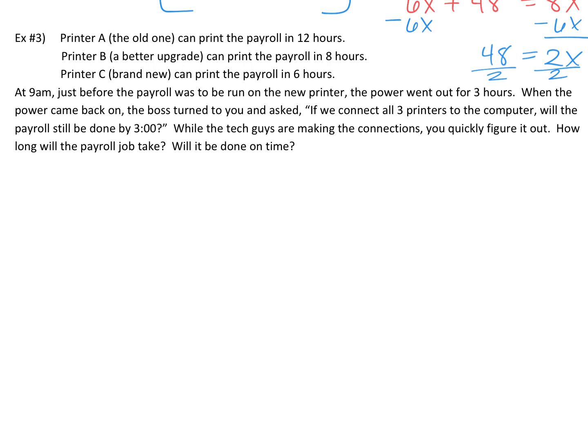Example 3 here. There are 3 printers. Printer A is the old one. It can print the payroll in 12 hours. Printer B is a better upgrade that can print the payroll in 8 hours. Printer C is brand new and can print the payroll in 6 hours. At 9 a.m., just before the payroll was about to be printed, the power went out for 3 hours.